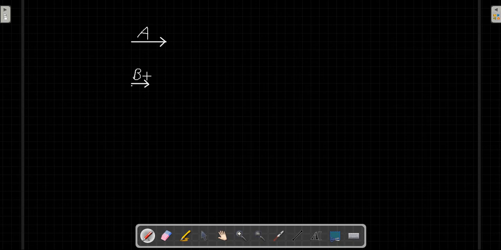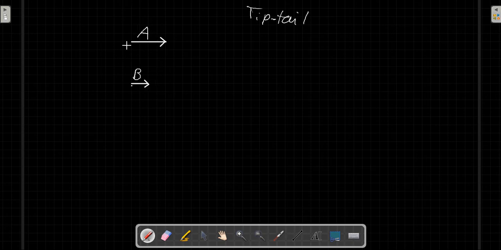Essentially, you use something called the tip-to-tail method, where you put the two vectors side by side. In the case of vector addition, it doesn't really matter which one you put first.